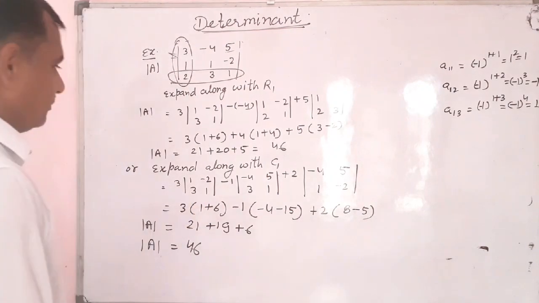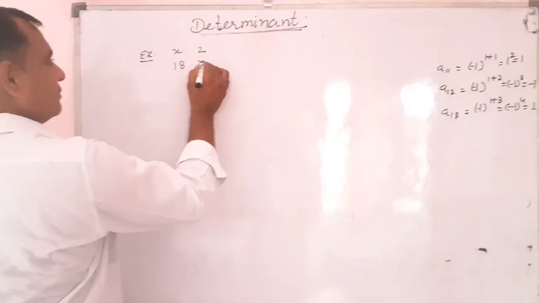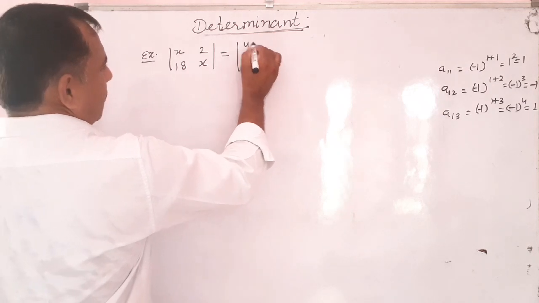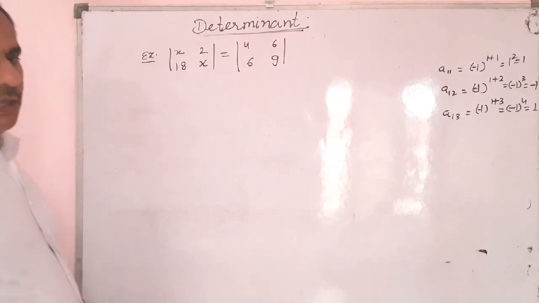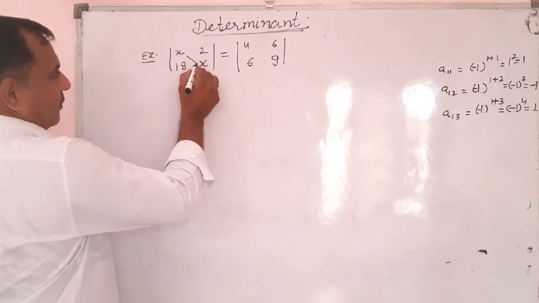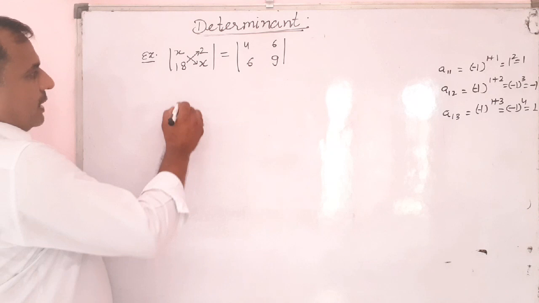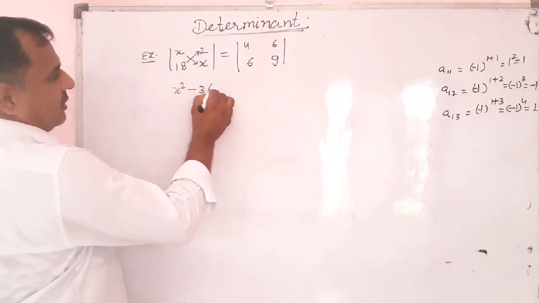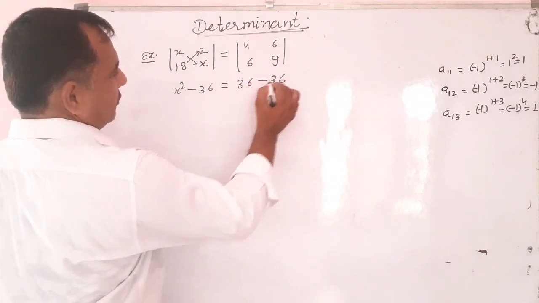Next example. Four, 6. Then find the value of x. Expand, same method. X into x, x square. 18 to the 36 minus 36. 9 for the 36 minus 36.